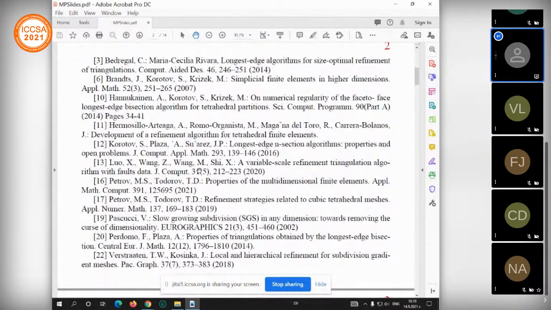Most of the papers on the finite element method deal with numerical analysis and error estimates in numerical approximations of the solutions of eigenvalue and boundary value problems. But the successful application of the finite element method depends on the quality of the finite element meshes.